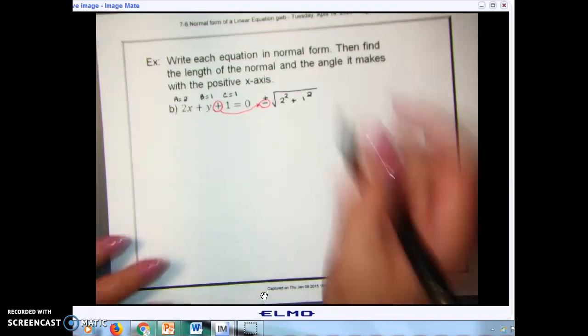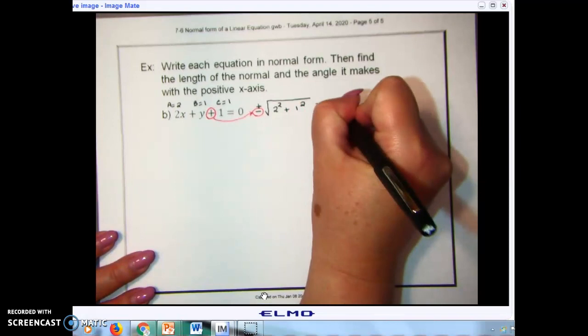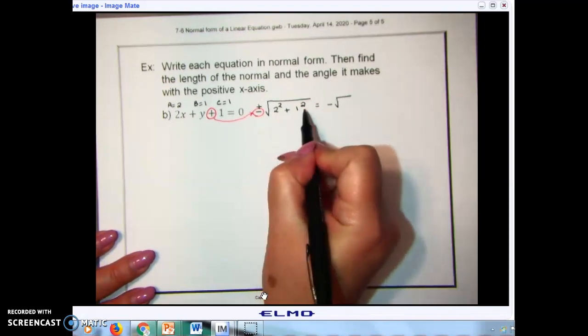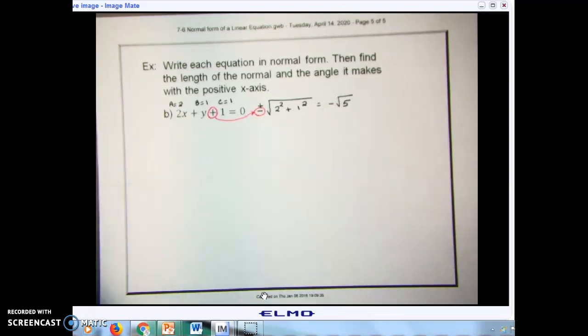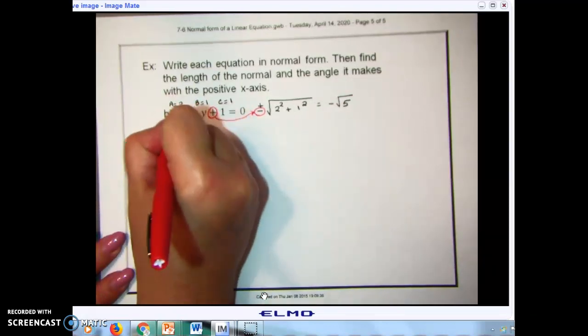All right, so if we figure this out, this is going to be negative square root of 4 plus 1, which gives me 5. So I have to divide through by negative root 5.